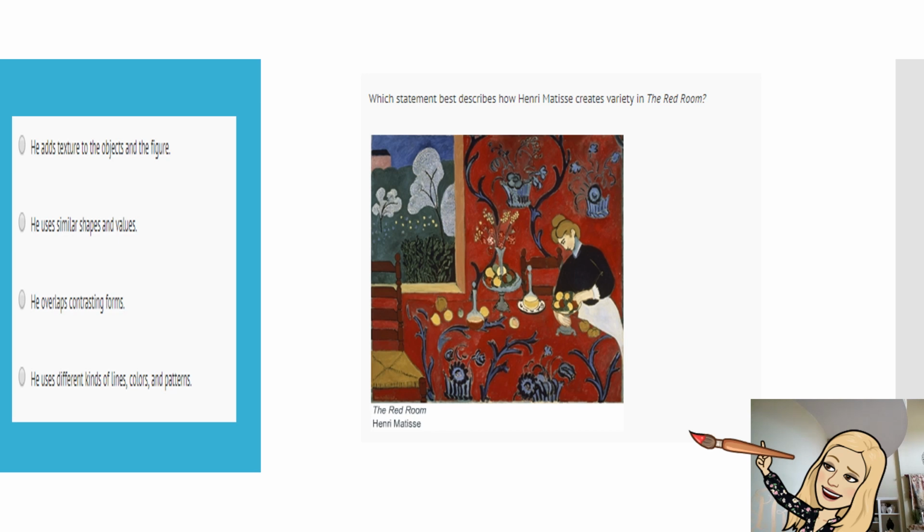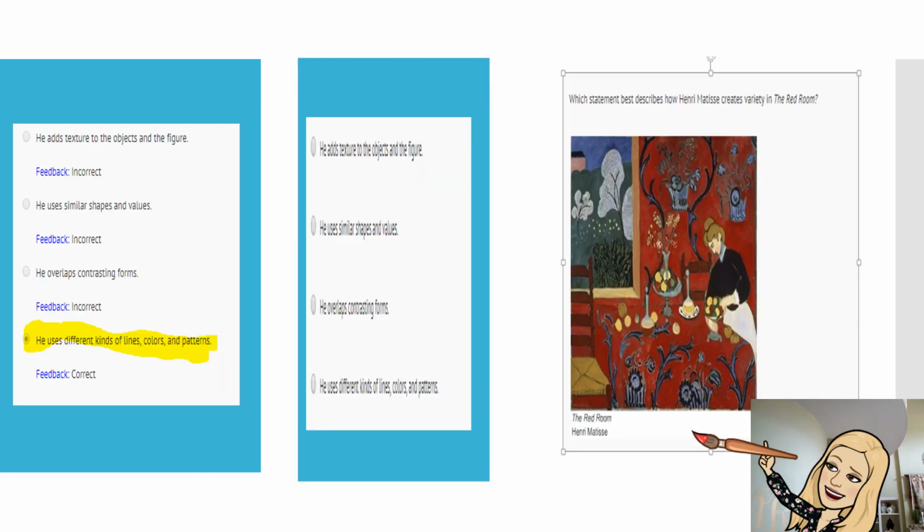And as you can see, it is very colorful. So let's see if that is the correct answer. What do you know? The correct answer was he uses different kinds of lines, colors, and patterns.